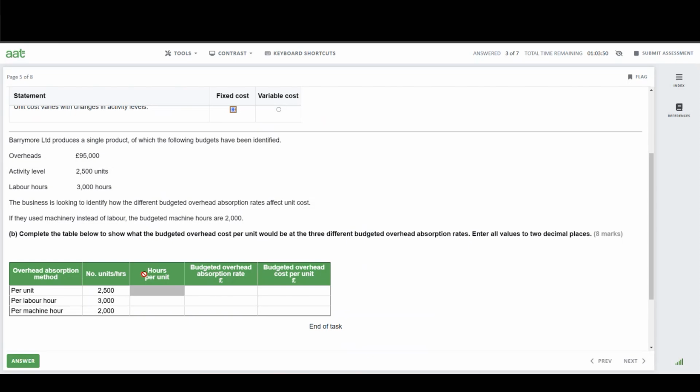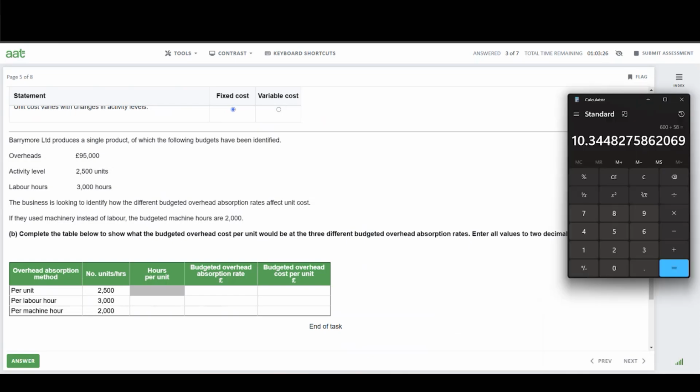We then need to calculate the hours per unit, the budgeted overhead absorption rate for each method, and the budgeted overhead cost per unit for each method. So how many hours does it take to make each unit? Well, we don't need to know that for the per unit basis, but for labour hour, how many hours per unit?